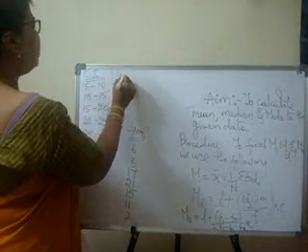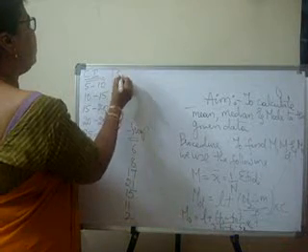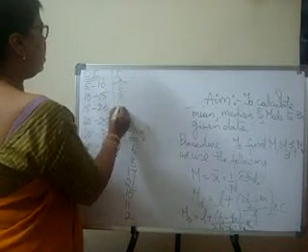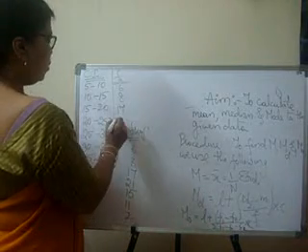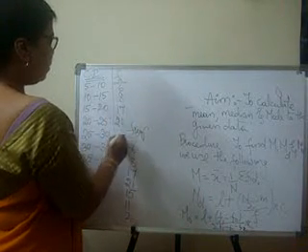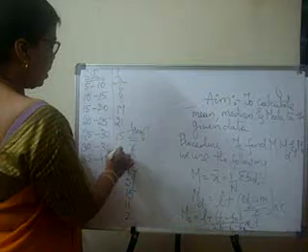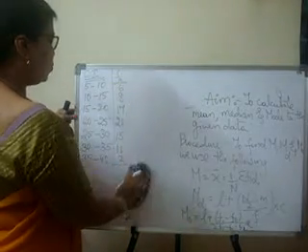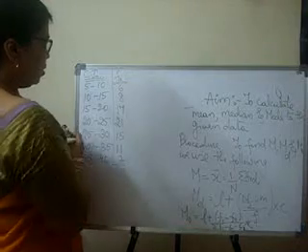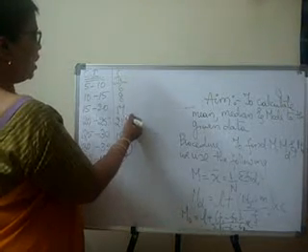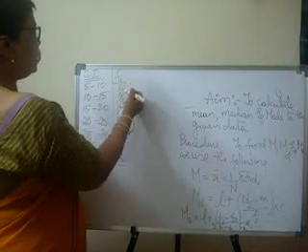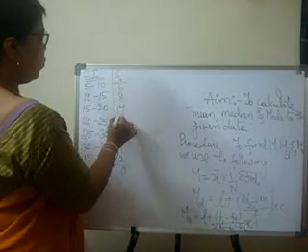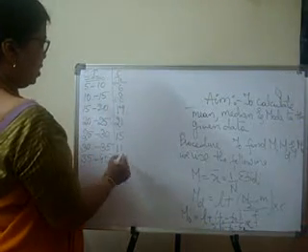We call frequencies as fi: 6, 8, 17, 21, 15, 11 and 2. So if we make the totals, what will it be? The total is 80.